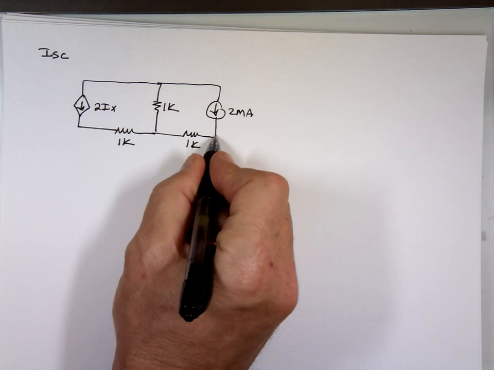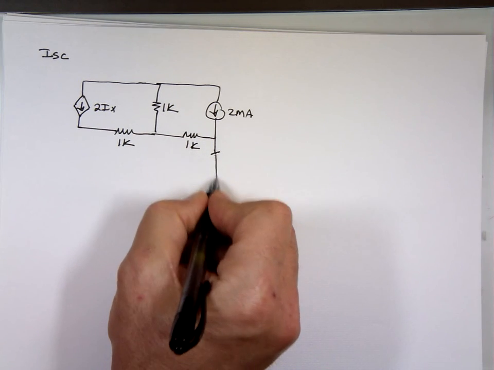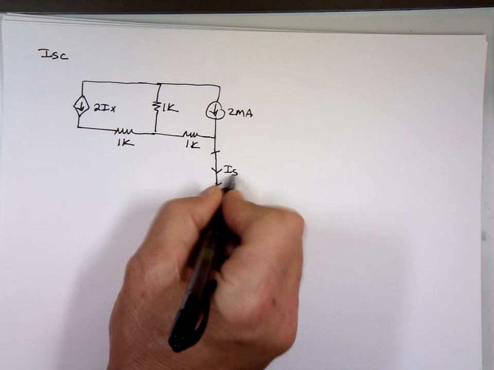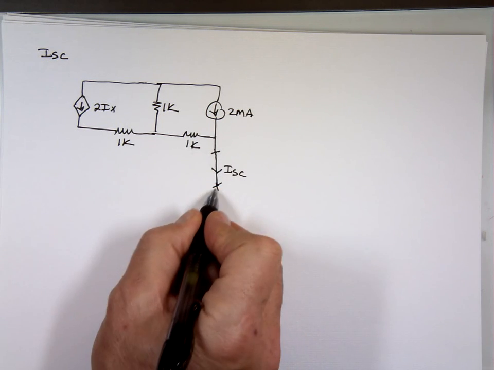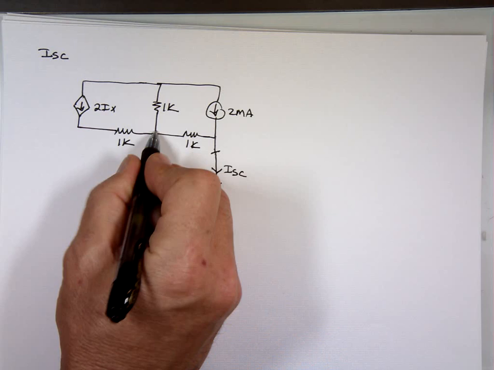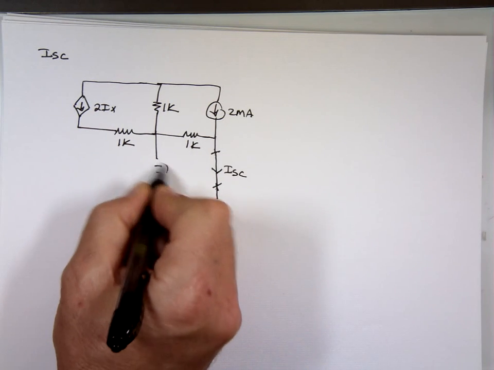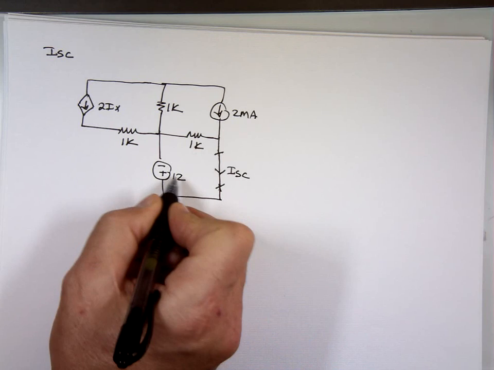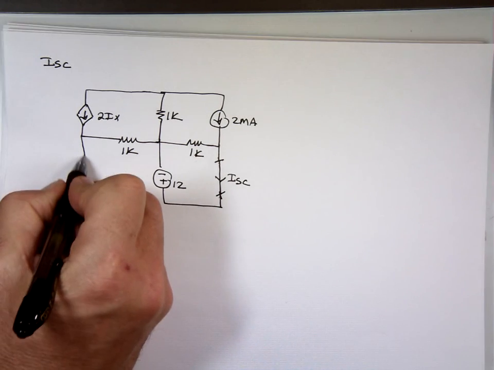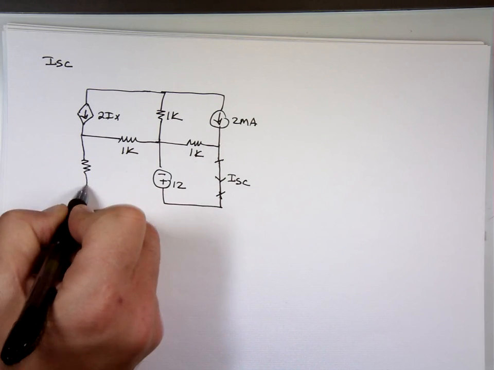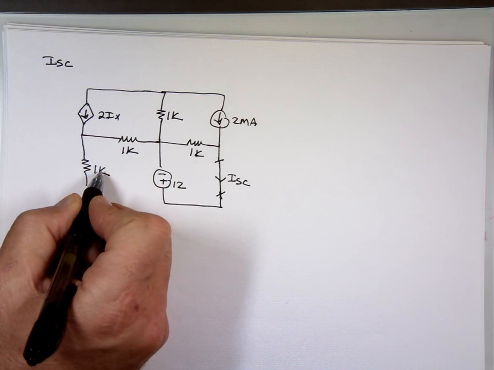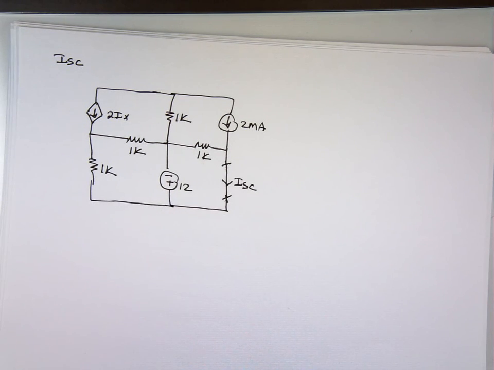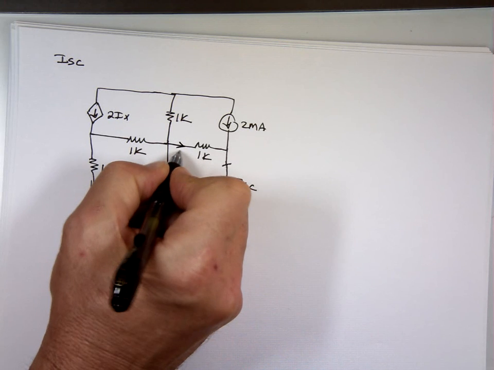Now we're going to put a wire here, short circuit. This is I short circuit. One K. This is I sub x, in case you forgot.